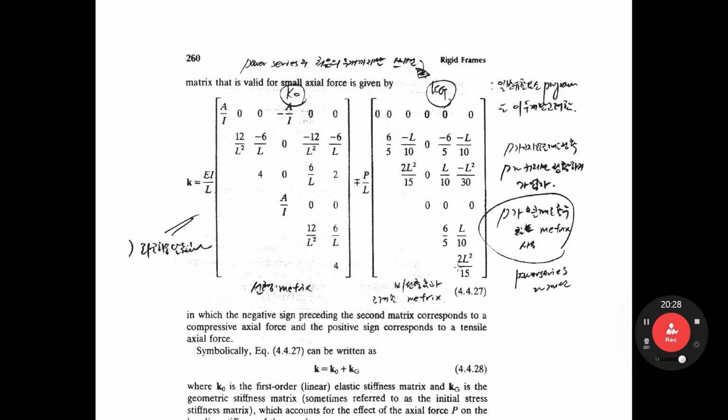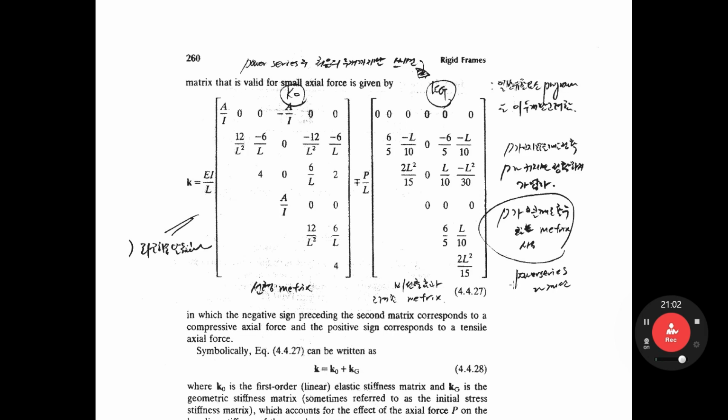If you consider geometric nonlinearity, that means if you want to do second order analysis, you have to consider this term. That is the geometric matrix. So that is K0, Kg. At the beginning of today's lecture, I already mentioned K0 and Kg. I said I will derive these two stiffness matrices.